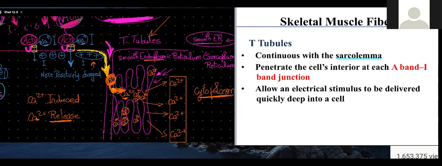Those T-tubules are going to be located at the inside of the muscle cell between the A and I bands. This allows the electrical stimulus to be delivered deeper into the cell.